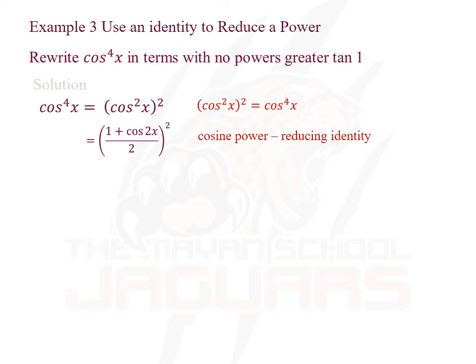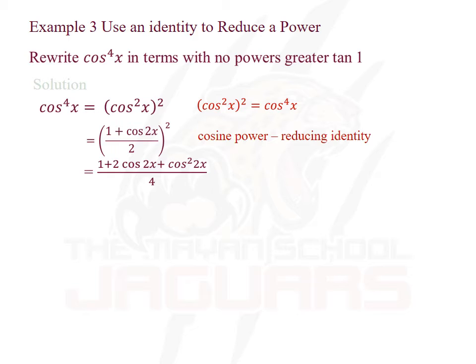Now in the next step, what we're going to do is to expand both sides, the top and the bottom, to the 2nd power. If we expand (1 plus cosine of 2x) to the 2nd power by using FOIL or a special product, the top becomes 1 to the 2nd power, which is 1.